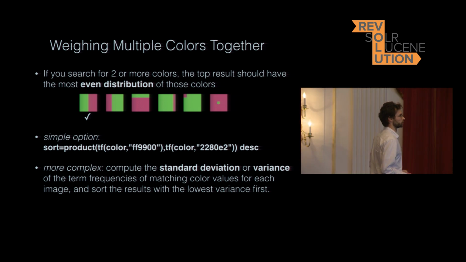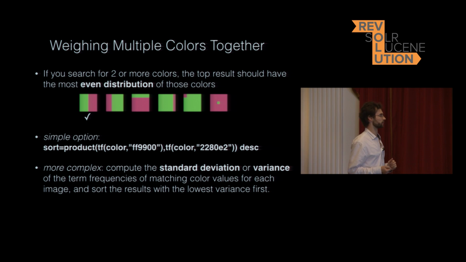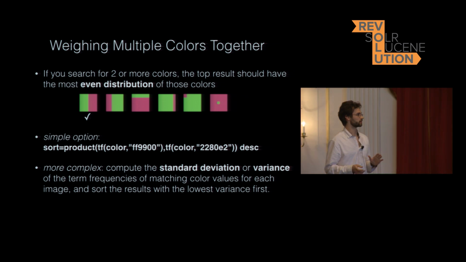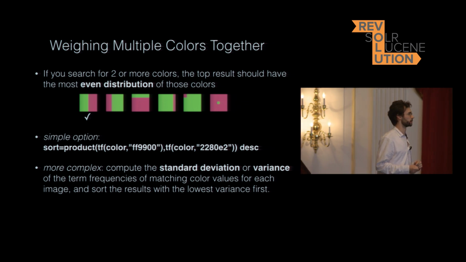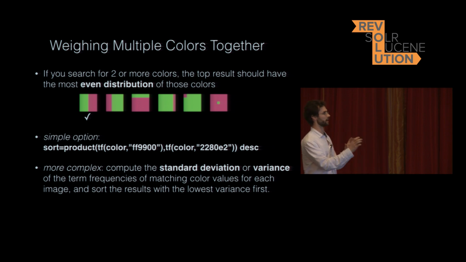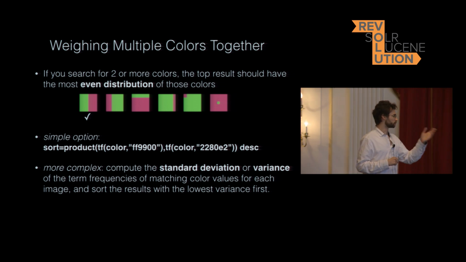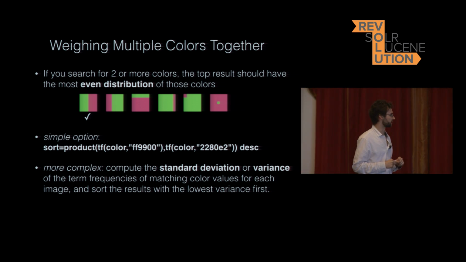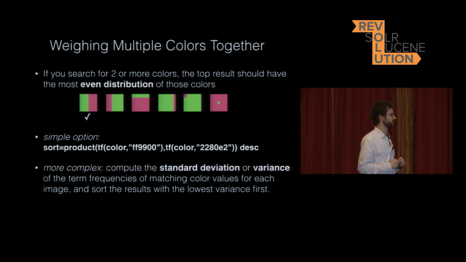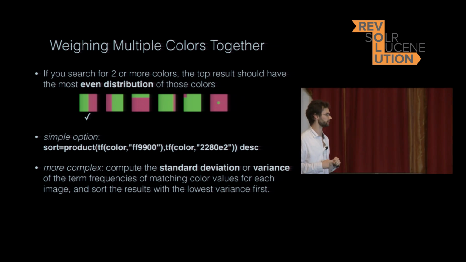When it comes to weighing multiple colors together, you probably want the image with the most even distribution of those colors to be ranked first. I don't usually see this too much as an issue with text search. Like, people aren't concerned that all the words in your query show up in exactly equal amount of times in your top document. There's one simple way you can do this. You can sort by just the product of all your term frequencies, and that kind of avoids some of the extra magic that Solr puts in, IDF and whatnot.